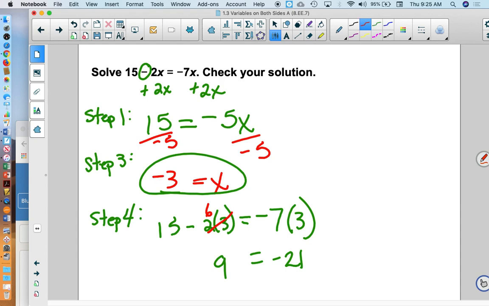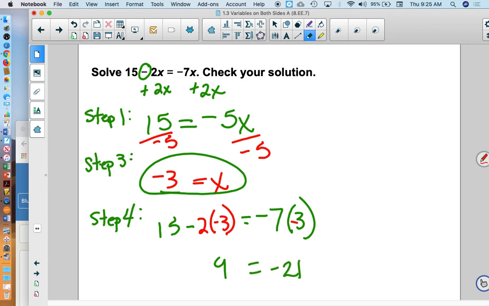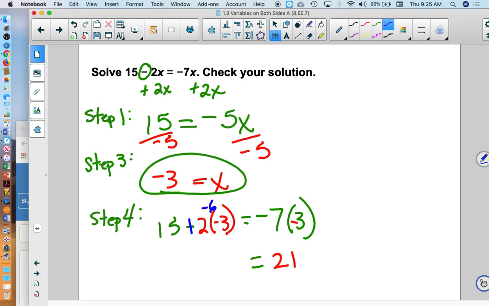Now, if I do my check, and I turn this into a negative 3, now do I get the right answer? Yes. Because now I have 21, and I have 15 plus negative 6, add opposite, plus 6 is now 21.